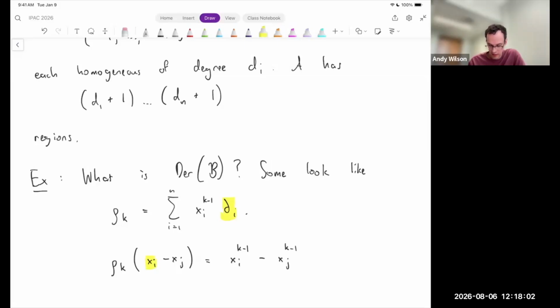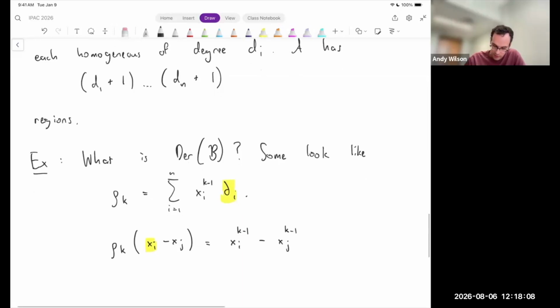So the only terms that survive look like xi to the k minus 1 minus xj to the k minus 1. And it is true that xi minus xj divides this thing. Okay, so that's a check that such a thing lives in this module of derivations.